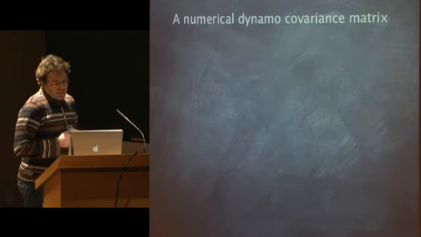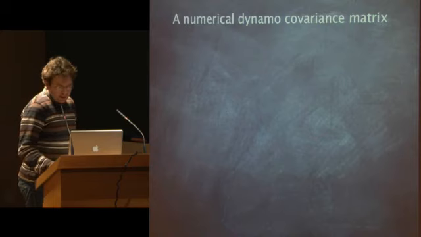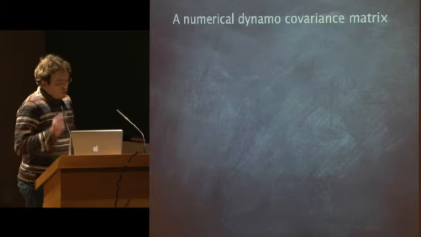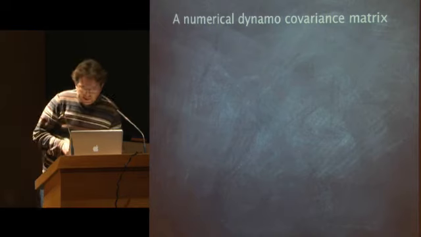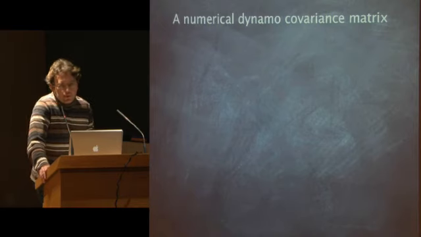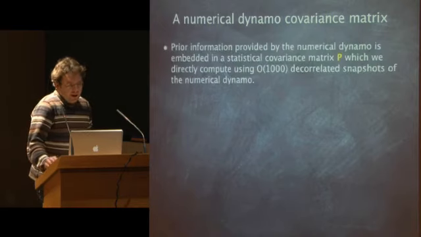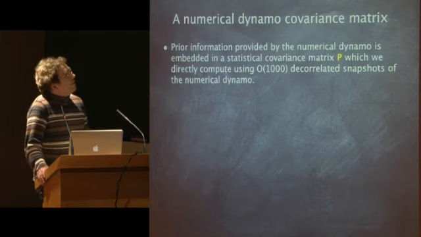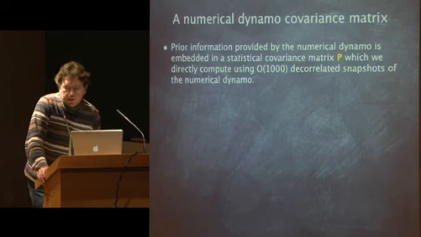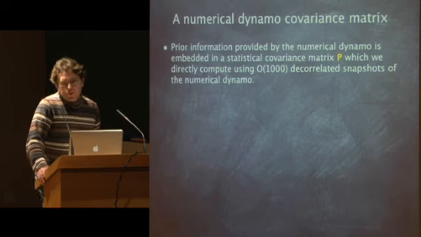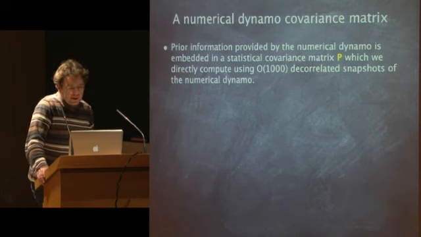So how are we going to use a numerical dynamo as a prior? We are going to do that through statistics by building what is called the numerical dynamo covariance matrix. So what is it? It's a matrix that computes many cross-correlations between observed and non-observed variables in the system.